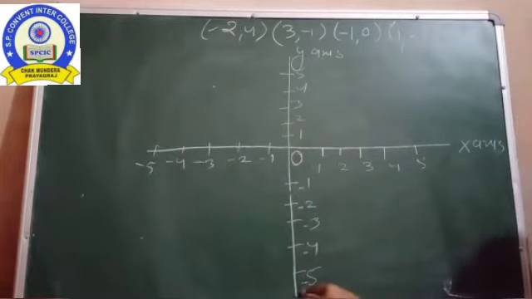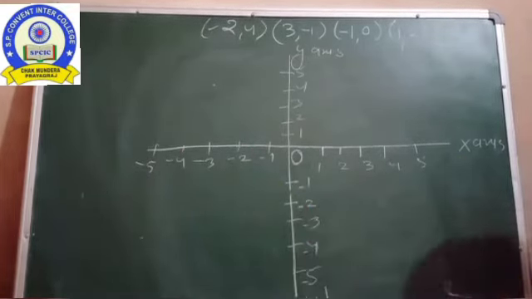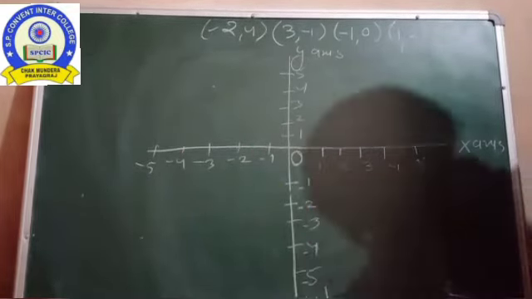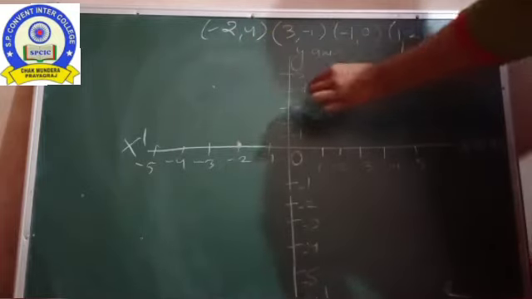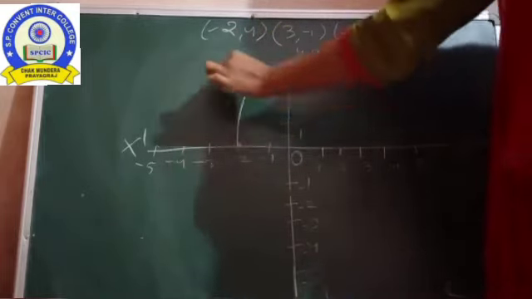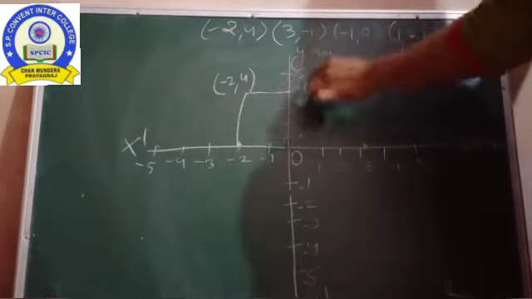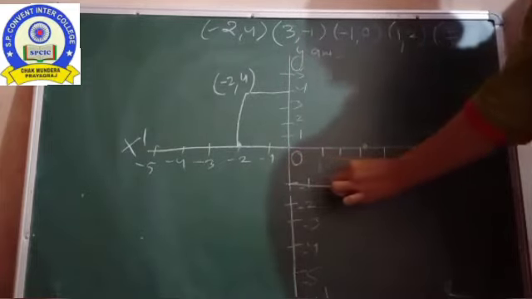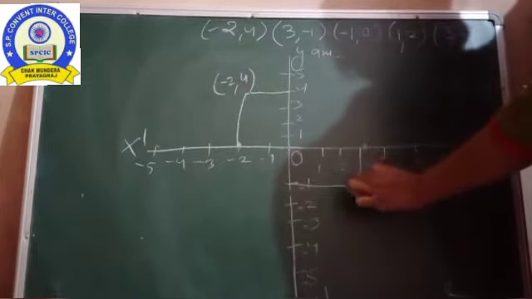X, y dash, y, and x dash. Now the point (-2, 4): -2 is here on the x-axis and 4 on the positive y-axis. It means this is (-2, 4). And (3, -1): x-axis 3 and y-axis -1, and this is (3, -1).